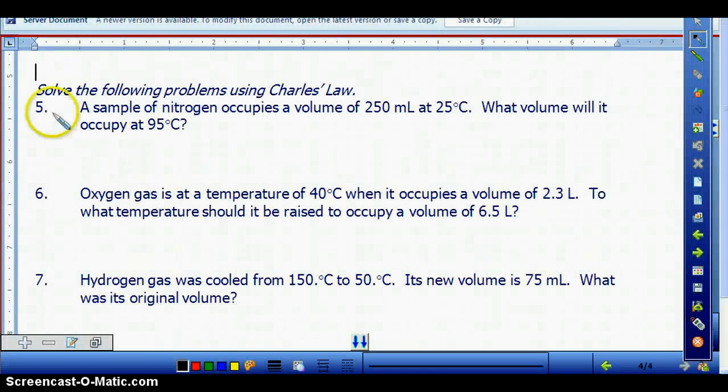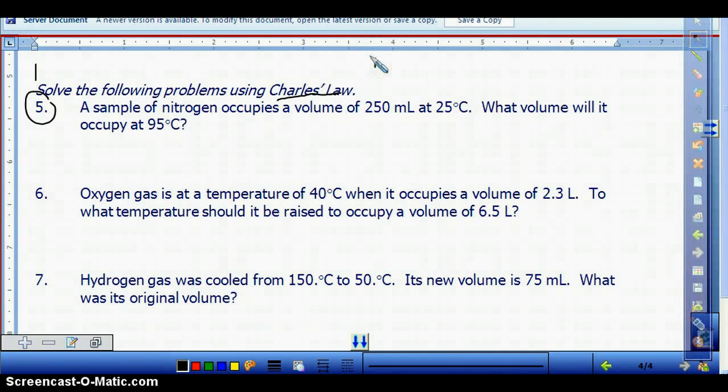Alright, we're looking at number 5 now. We see that we're in Charles' Law. So somewhere you could write your equation. You can write V1 over T1 equals V2 over T2. Those are related directly, so when one increases, the other does the same.